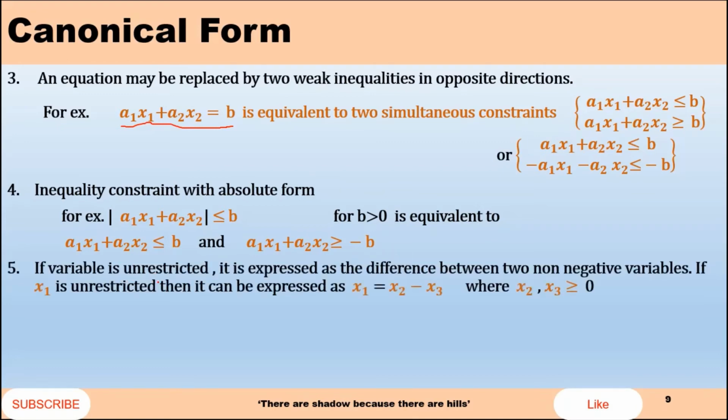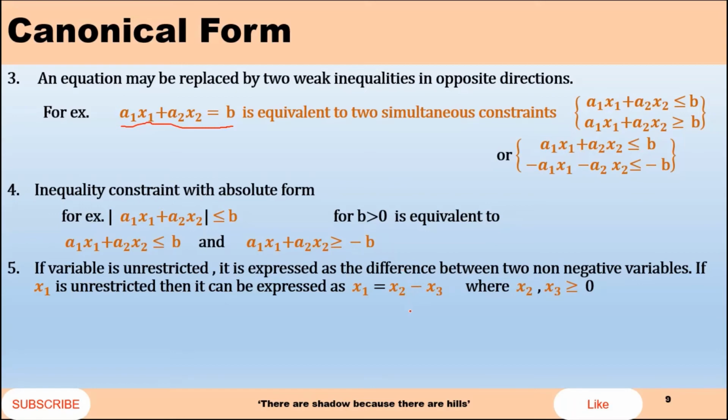If a variable is unrestricted, it is expressed as the difference between two non-negative variables. If x1 is unrestricted, then it can be expressed as x1 equal to x2 minus x3, where x2 and x3 are greater than or equal to 0. So in certain cases, when decision variables are unrestricted, you can represent that unrestricted decision variable as a difference of two non-negative decision variables.